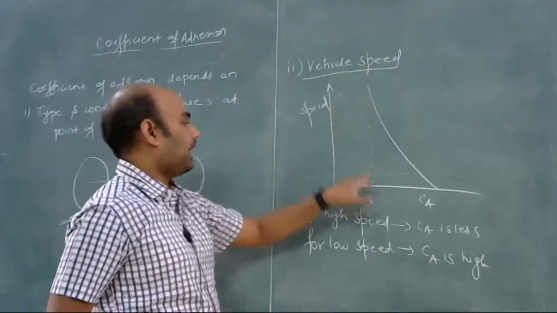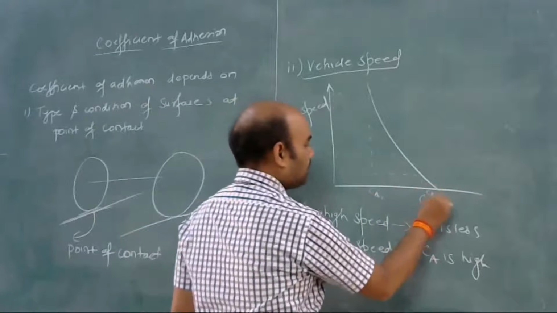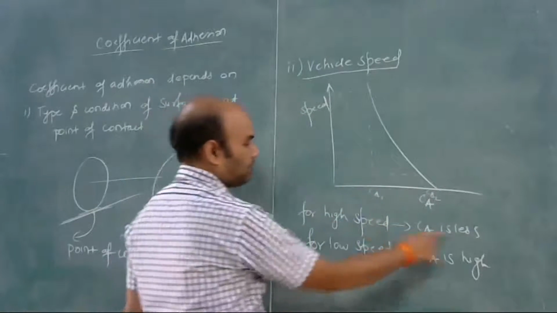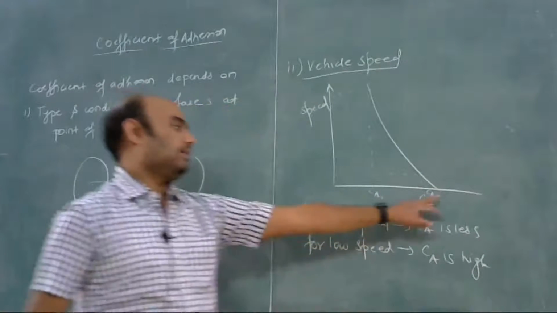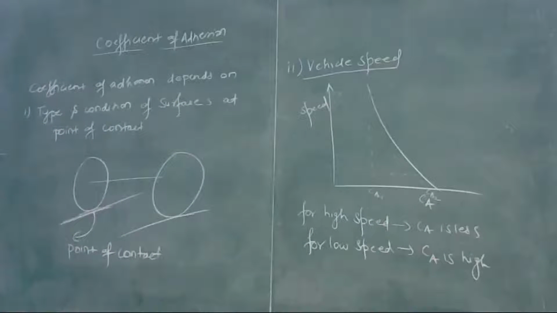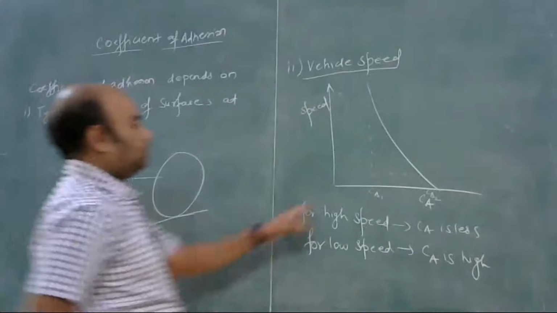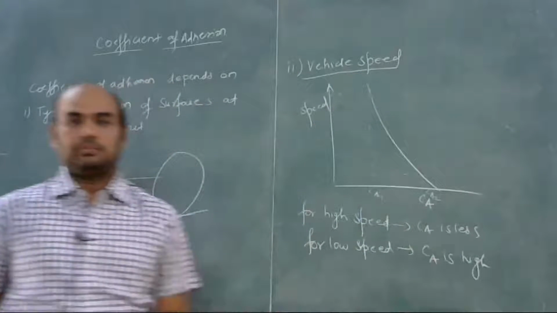When the speed is high, let's suppose this is CA1 and this is CA2. So CA1 is less, okay, and when speed is low, the CA is high. So CA2 is greater than CA1. Okay. So coefficient of adhesion decreases with increase in speed. So CA decreases with increase in speed.